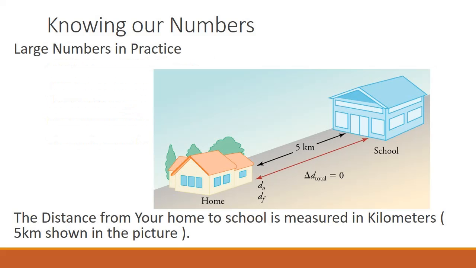As we can see, the distance from your school to home, or home to school, is measured in kilometers. In this picture you can see that the distance shown from home to school is 5 kilometers.